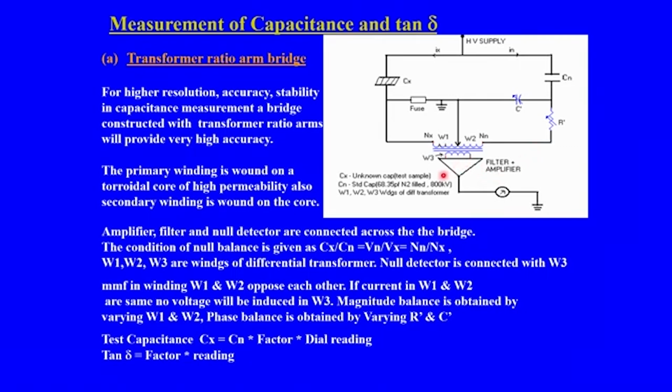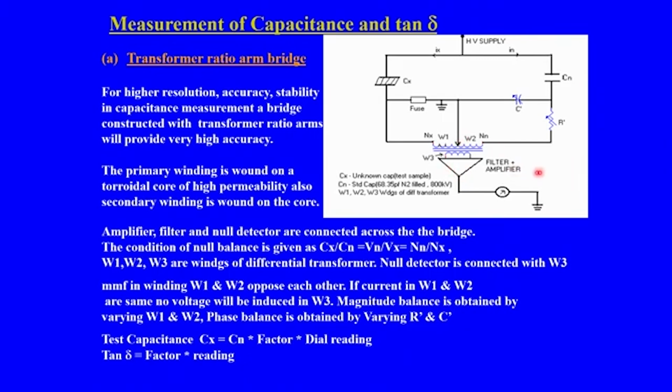Then we have 3 windings, W1, W2 and W3, Cx being the unknown capacitance, Cn the standard capacitance, and W1, W2 and W3 are the windings of a differential transformer.